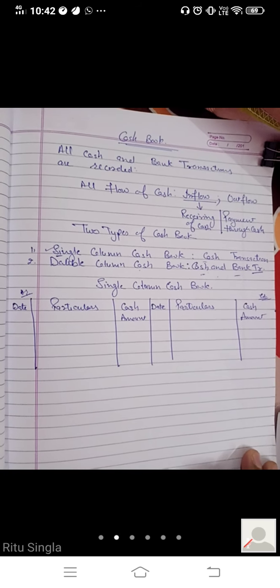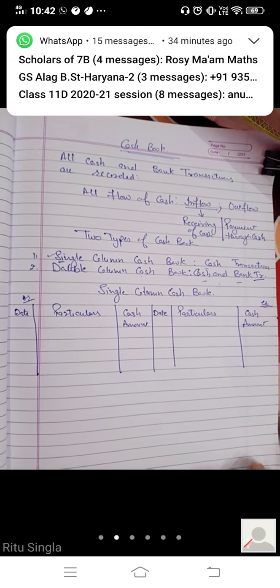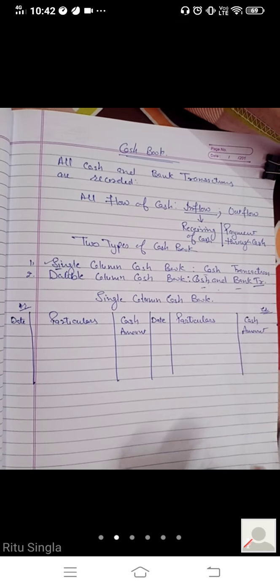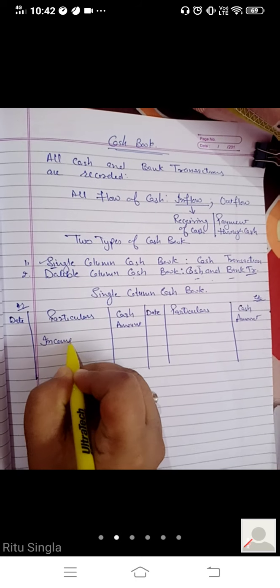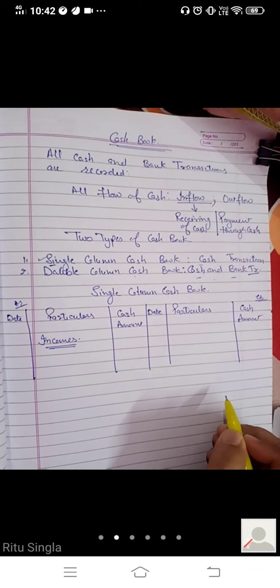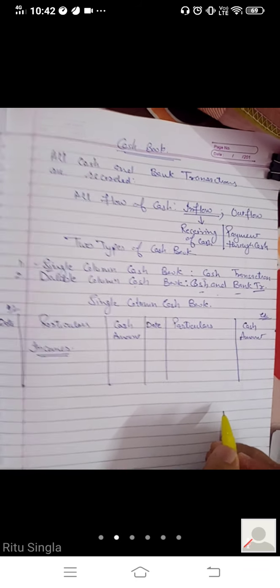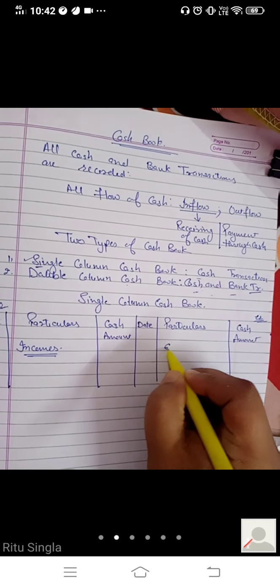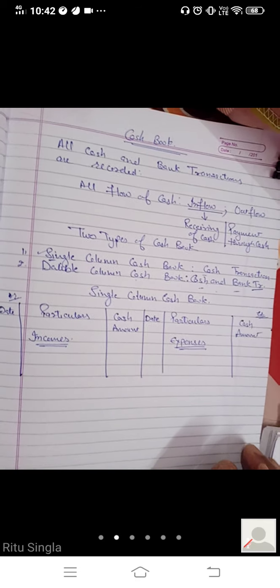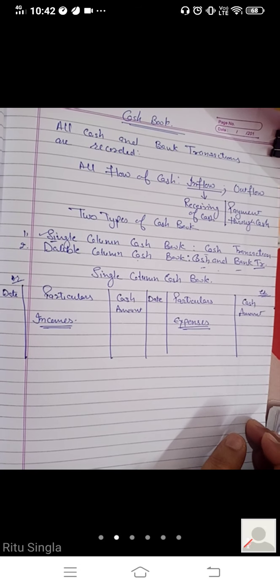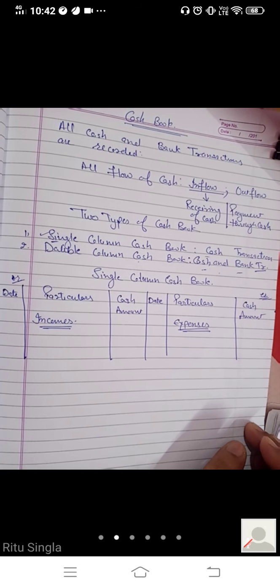Now what we have to do, we need to record all incomes in debit column and all expenses in credit column, right?